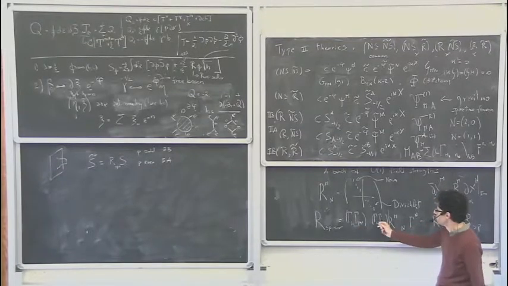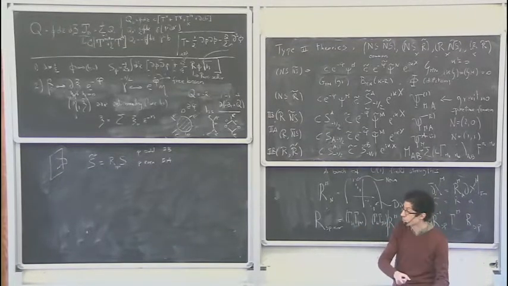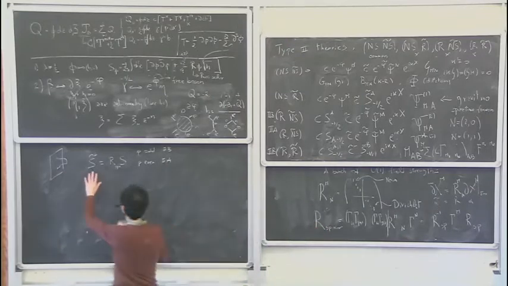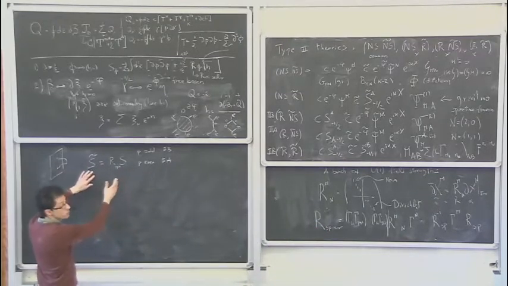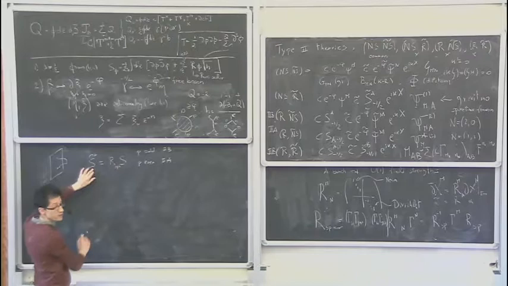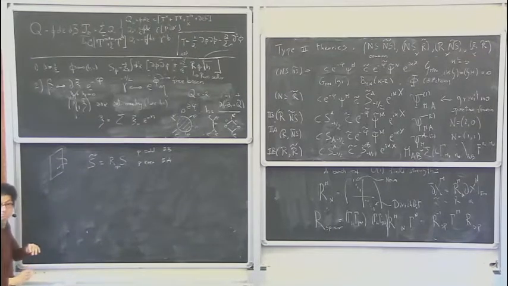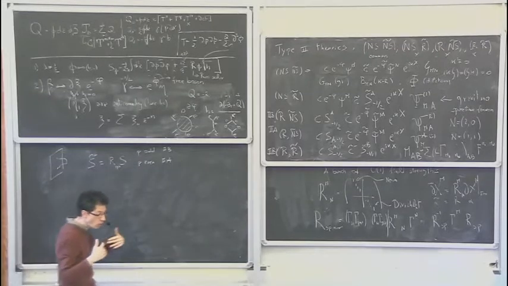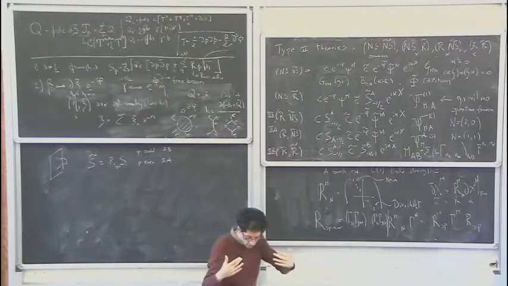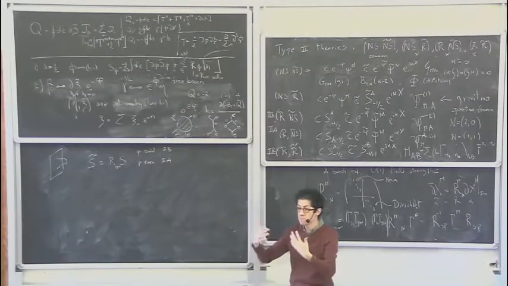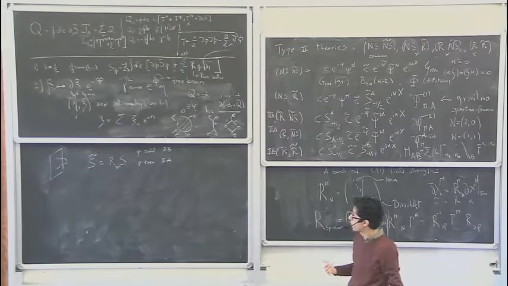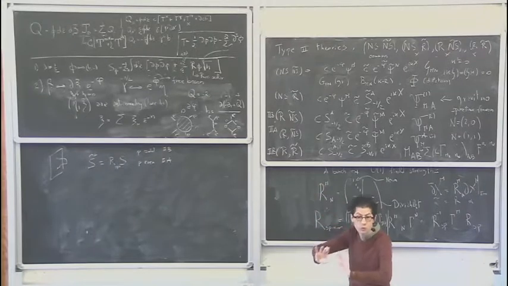And so one case is possible for type 2B, where S tilde and S are the same, and the other case is possible only for type 2A, where S tilde is opposite to S. So what I'm saying is that all the constraints that you can see from a low energy description, here from the worldsheet description, you derive them.